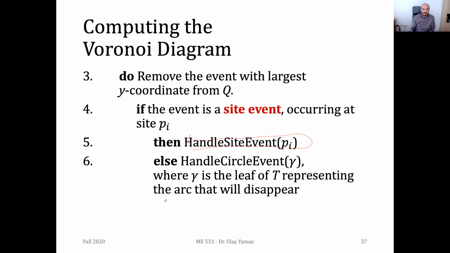Or if the event is a circle event, then we will call handle circle event gamma. Obviously this gamma will be one of the leaves, representing an arc about to disappear in our status, since in circle events, we have arcs disappearing from our beach line.